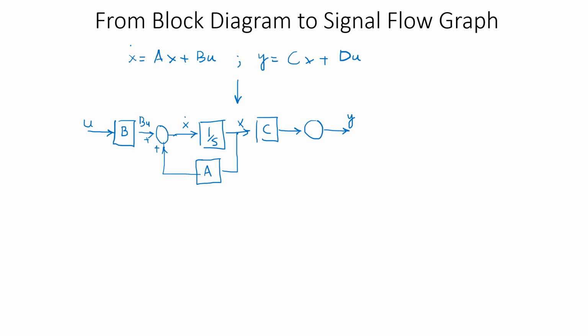So let me take away from this point, multiply with D from here and drop it over here with a positive sign. Now I'm going to remove this so that there is no ambiguity in this diagram. So now at this particular stage you can see that output has been acquired, which is equal to Cx coming in from this side plus Du coming from this side through the feed forward matrix.